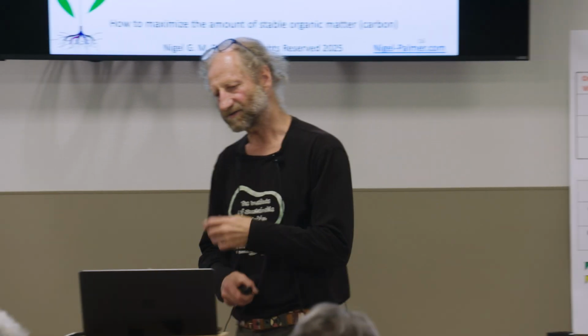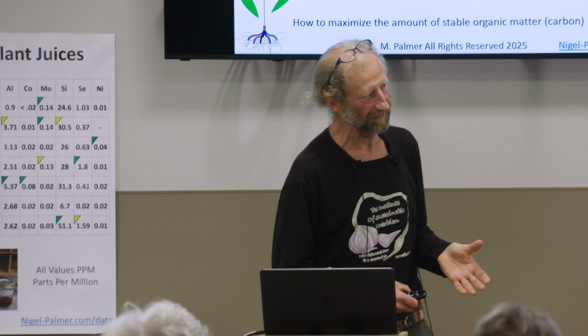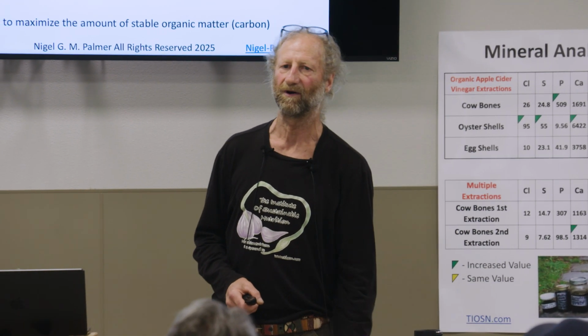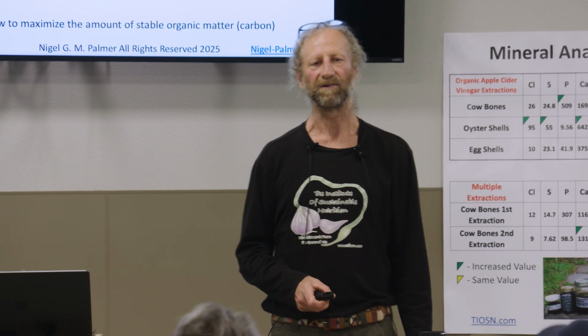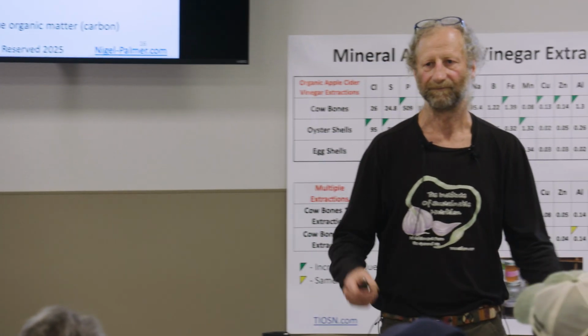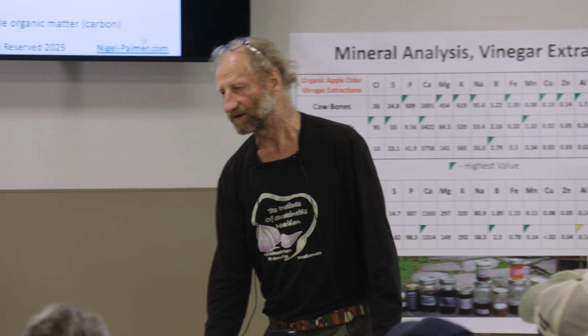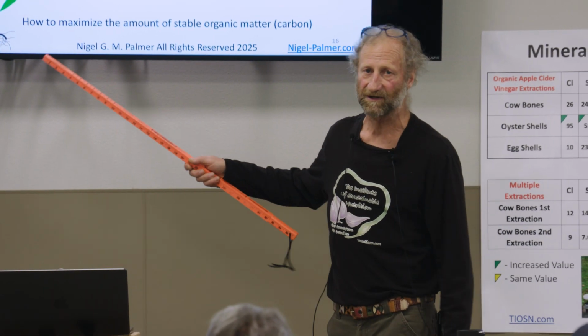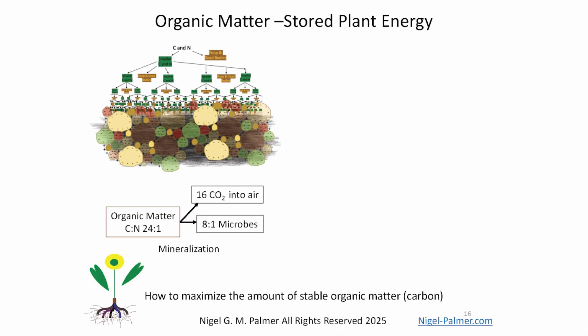And so I started reading about it, and I started learning about this 25-to-1 ratio. 25 parts carbon to 1 part nitrogen is what I was led to believe that I needed in my compost pile, and I wondered, how come, why? And the answer is that when things mineralize, when the bacteria starts chowing down the carbon and nitrogen, it takes 8 parts carbon and 1 part nitrogen to feed the microbe.